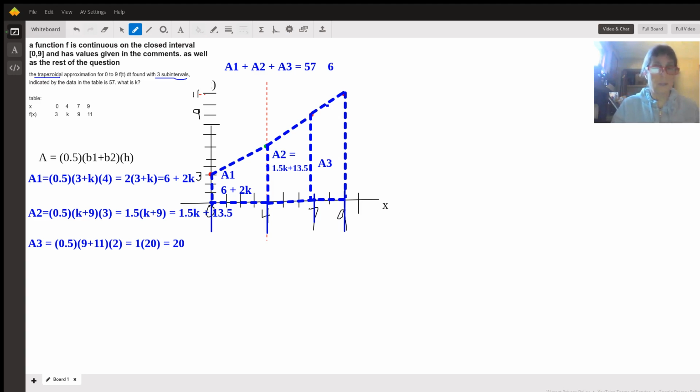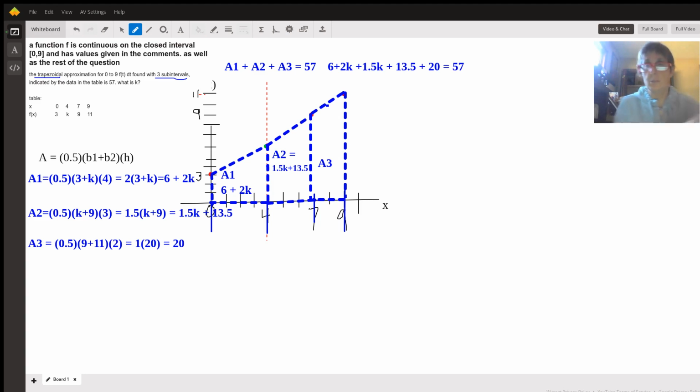So we set up this algebra problem where area 1 is 6 plus 2k plus area 2, which is 1.5k plus 13.5 plus area 3, which is 20, and that has to equal 57.